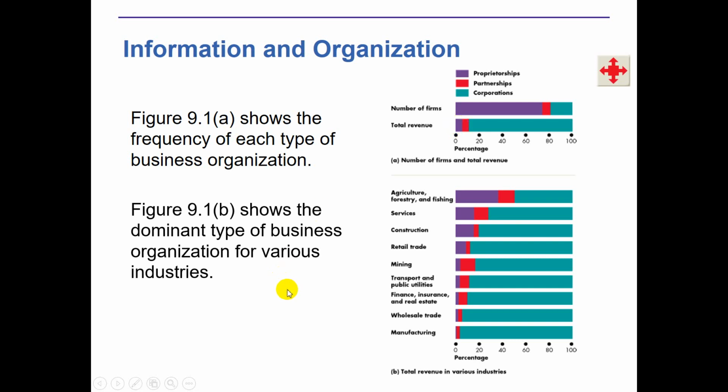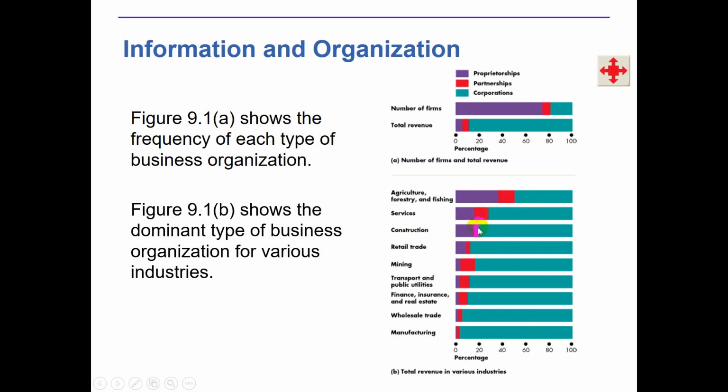If you see the breakup of different industries, agriculture, forestry, and fishing is almost equal between proprietorship and corporation. Services, definitely corporations; more corporations offer services than proprietorships.